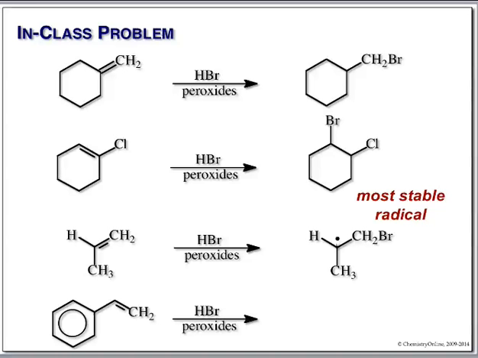A secondary radical would be more stable than the primary. Always add to form the most stable intermediate, radical or carbocation. This picks up hydrogen.